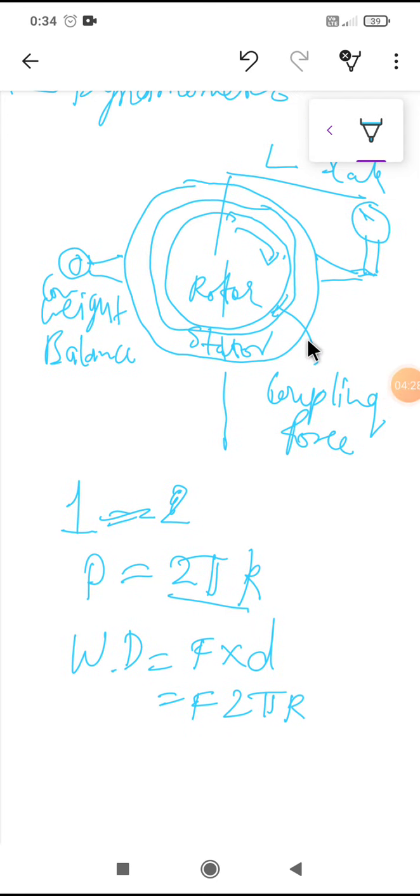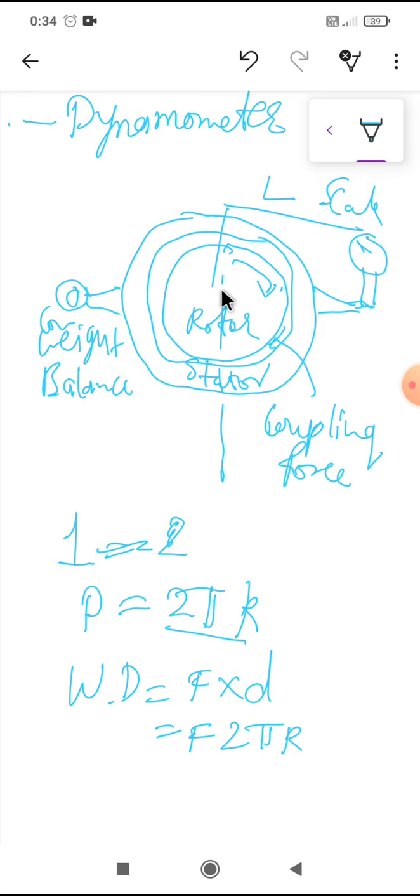If I take the moment on both sides, first on this side: the formula for moment is force into distance.